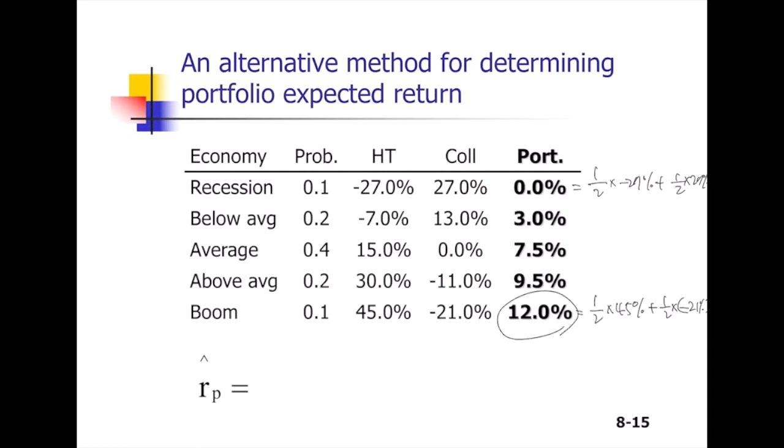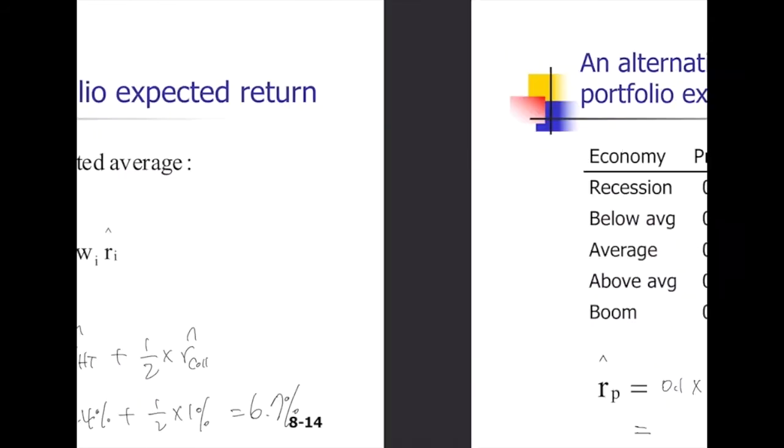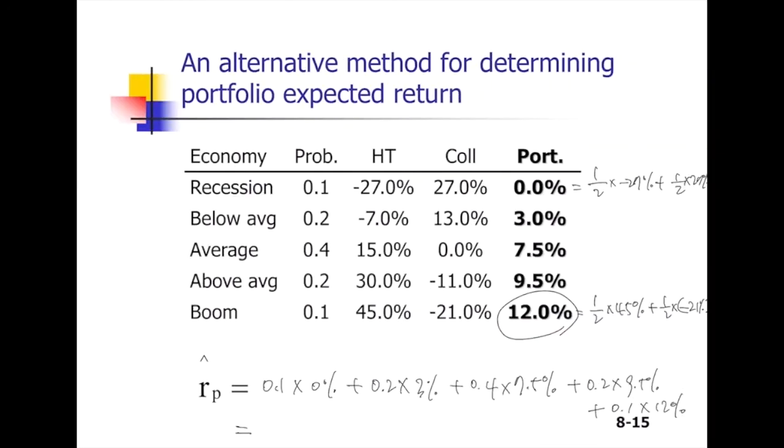And then multiply the probability of each scenario by the portfolio return of each scenario: 0.1 times 0%, 0.2 times 3%, 0.4 times 7.5%, plus 0.2 times 9.5%, and finally 0.1 times 12%. And finally you get the number that is the same as this, 6.7%.